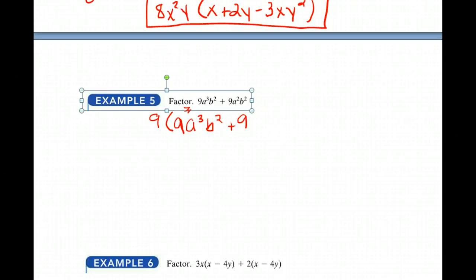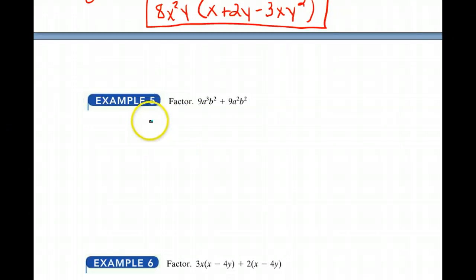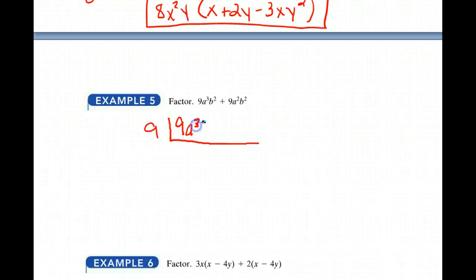Let me rewrite this here. My apologies. All right, so we're going to use 9 as the GCF of our coefficients and set up the upside down division. So we're going to rewrite our 9a cubed b squared plus 9a squared b squared.